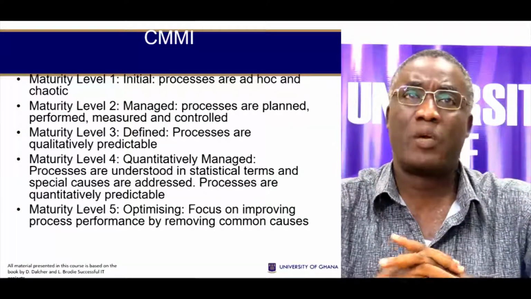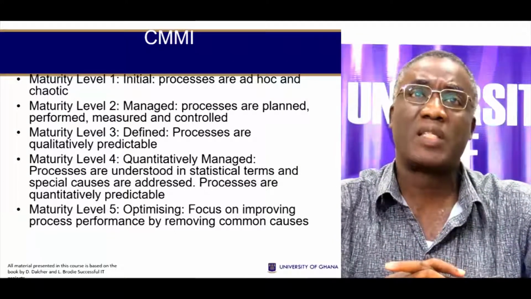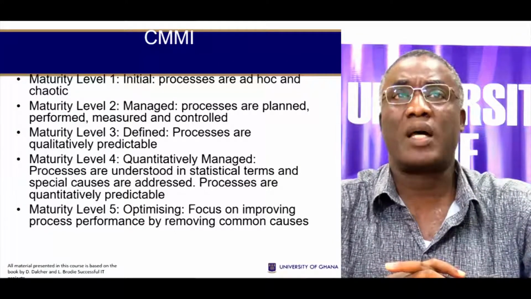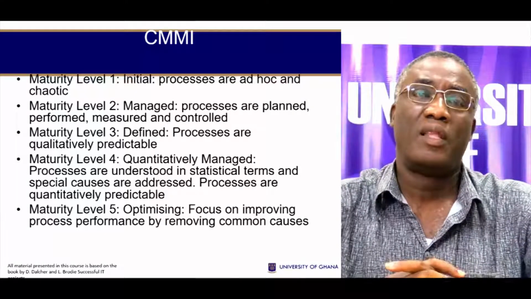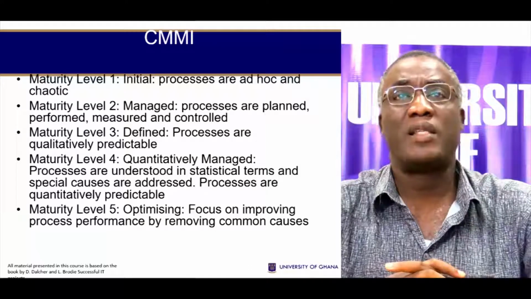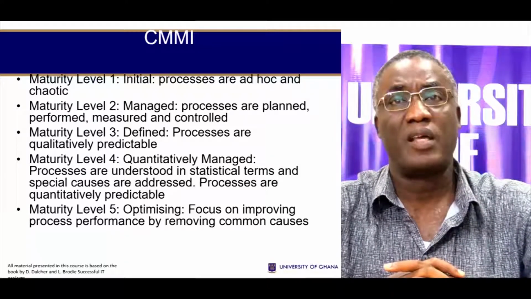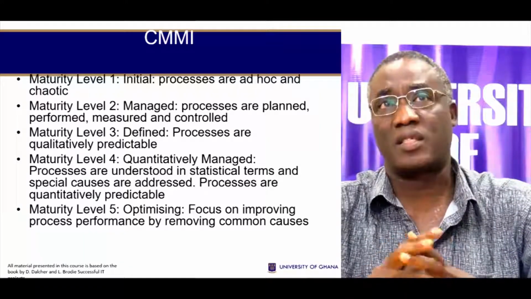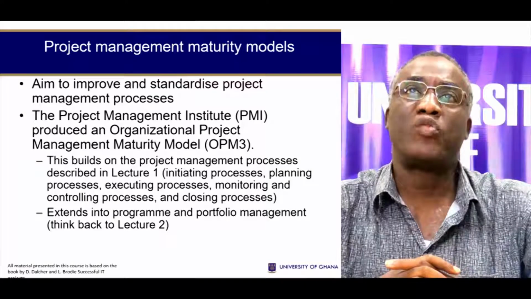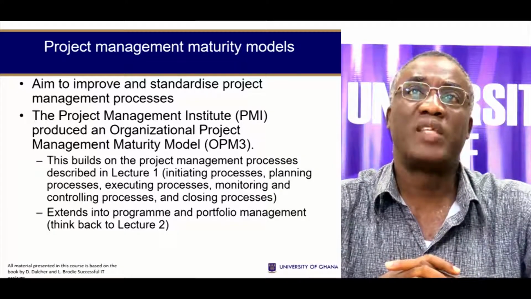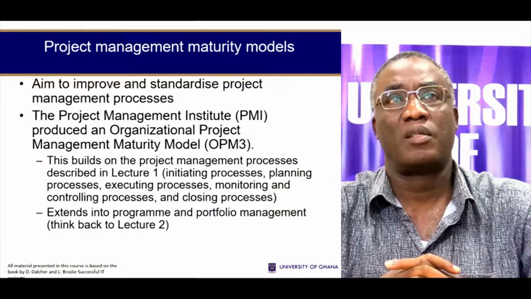So the processes are better understood in statistical terms and special causes are addressed. Processes are quantitatively also predictable. Level 5 is the optimizing level. The focus here is on improving process performance by removing common causes. So, the aim of the maturity models is to improve and standardize project management processes.